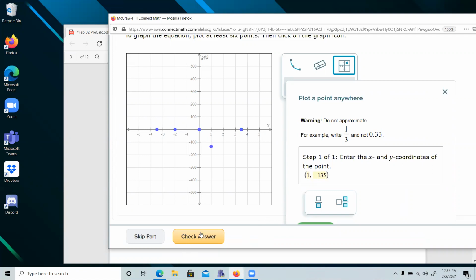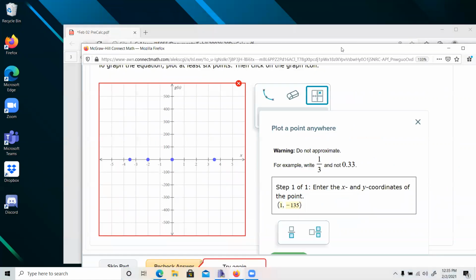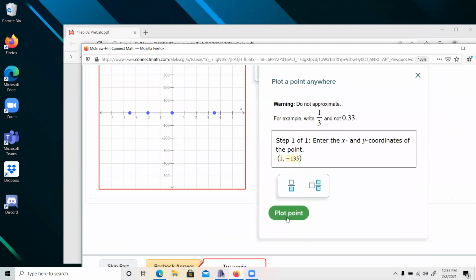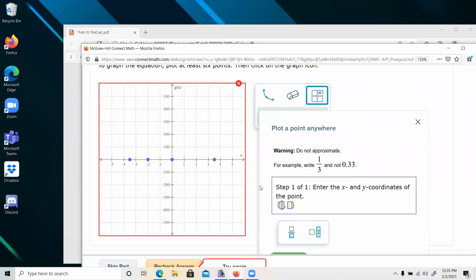Well, the scales on this. All right. Oops, I didn't like that at all. Gave me the wrong one. Huh. It did not like that point.